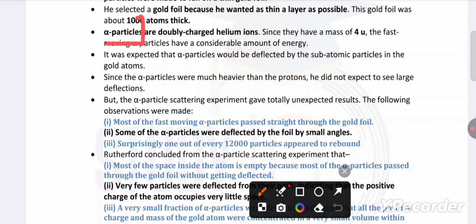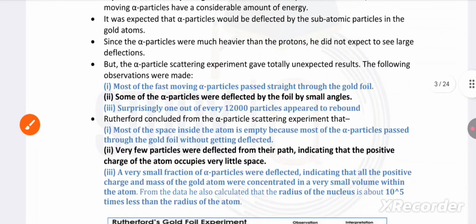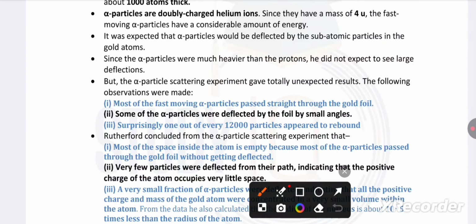Alpha particles are doubly charged helium ions. Here he is using doubly charged helium ions. This is the symbol of helium, very important. Helium has a mass of 4 u.